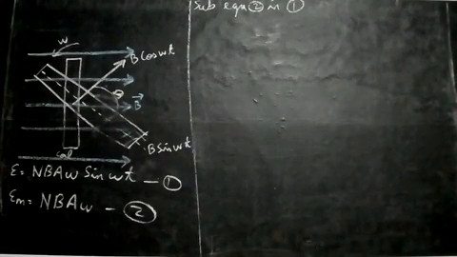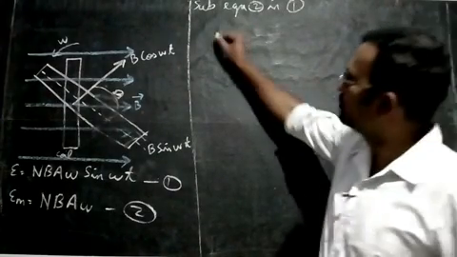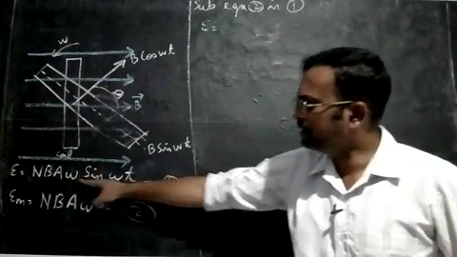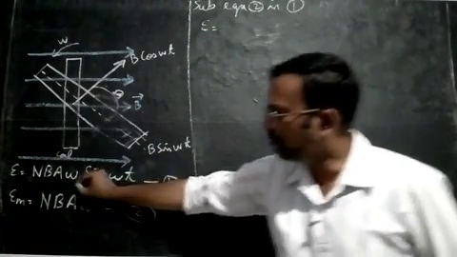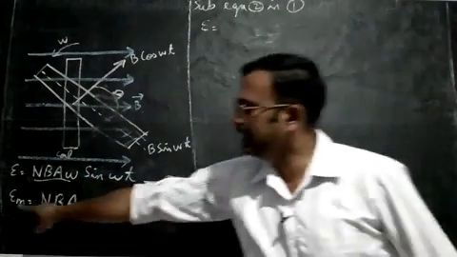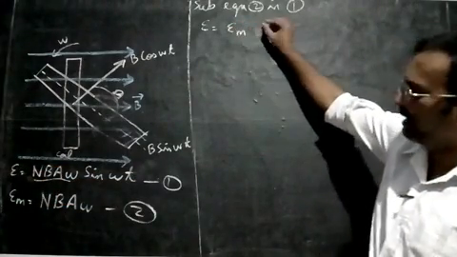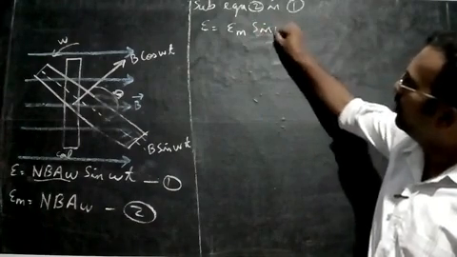So equation 1 we have now, that is E is equal to NBA omega sin omega t. Instead of NBA omega, this term we are going to write as epsilon m, and then we get sin omega t.